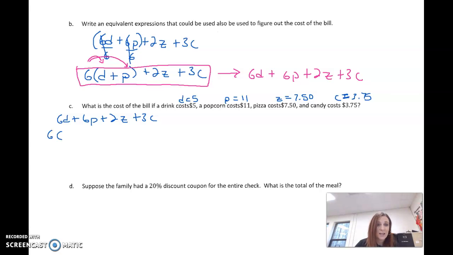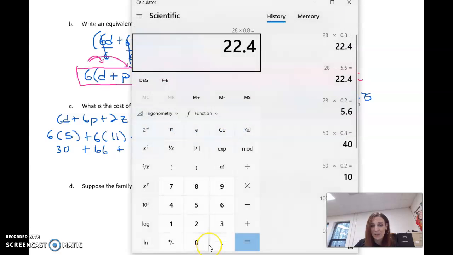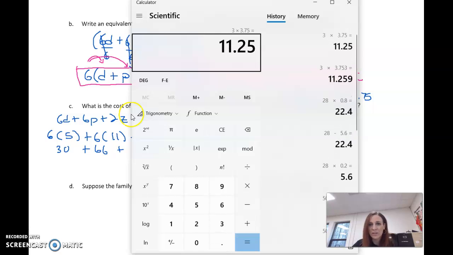So this becomes 6 times 5 plus 6 times 11, plus 2 times $7.50, plus 3 times $3.75. 6 times 5 is 30, plus 6 times 11, which is 66, plus 2 times $7.50, which is 15, plus 3 times $3.75, which is $11.25.